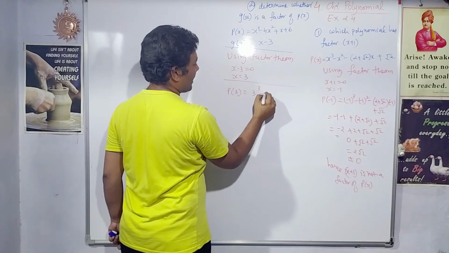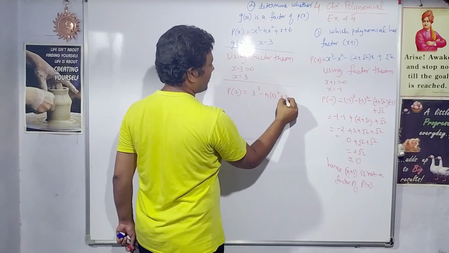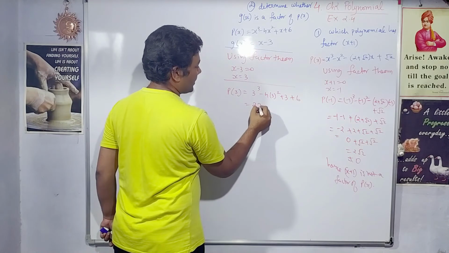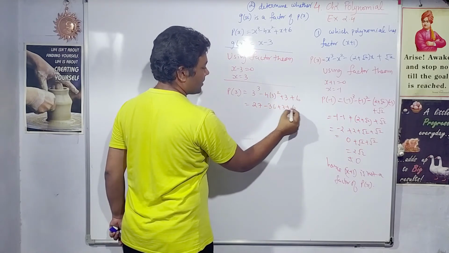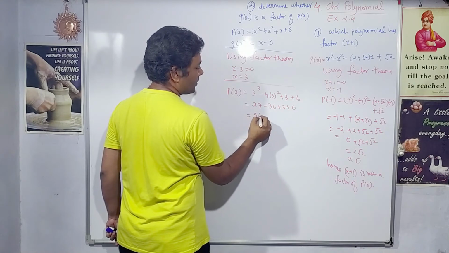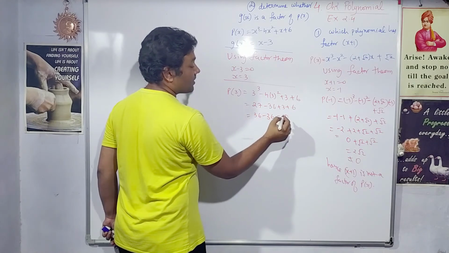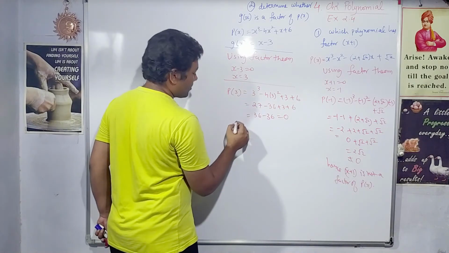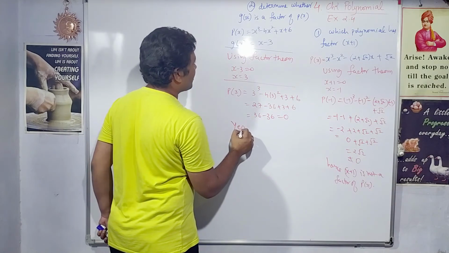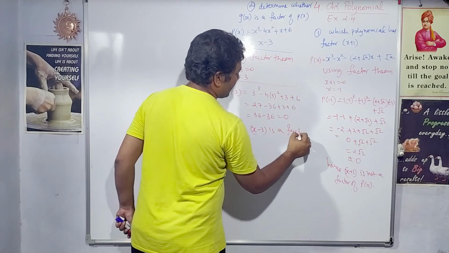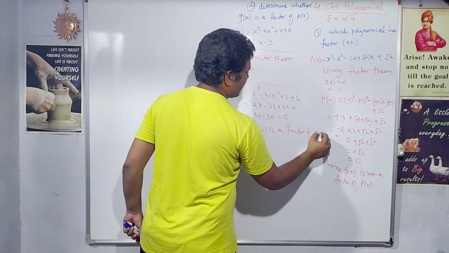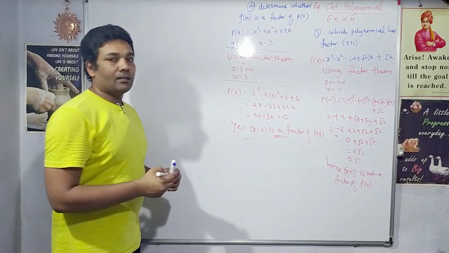So 3 cube minus 4 into 3 square plus 3 plus 6: 27, 3 square is 9, 36, plus 3 plus 6, 6 plus 3, 9, 9 plus 27, 36, minus 36, 0. So hence, yes, x minus 3 is a factor of p of x.